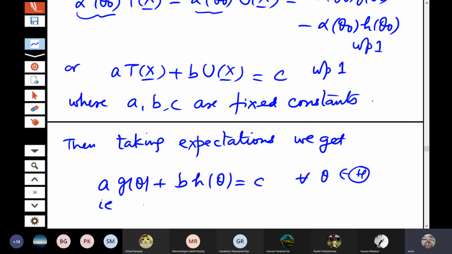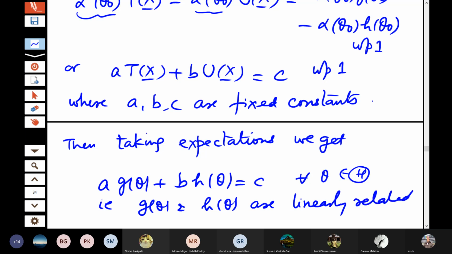So this gives that g theta and h theta are linearly related. Basically this sums up the entire argument: for all the parametric functions for which the bound is attained, they should be simply linear functions of the term which is appearing in S_X theta. Basically that answers all those questions.